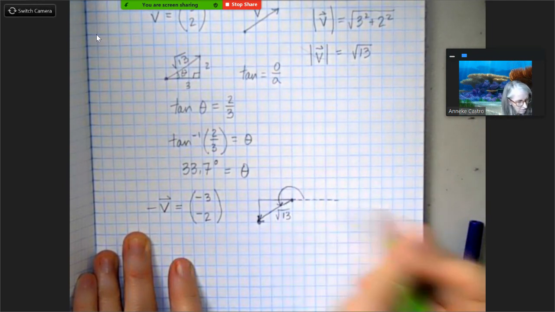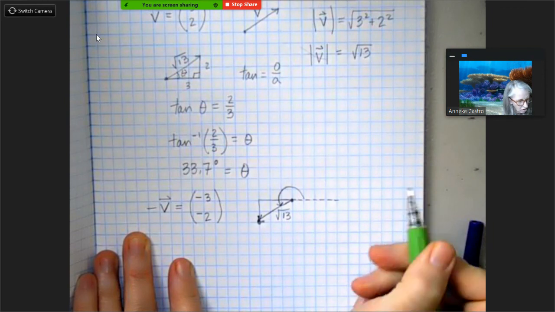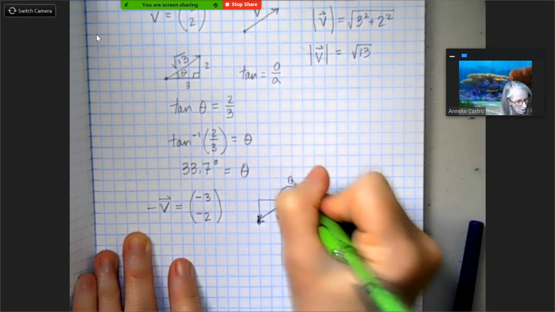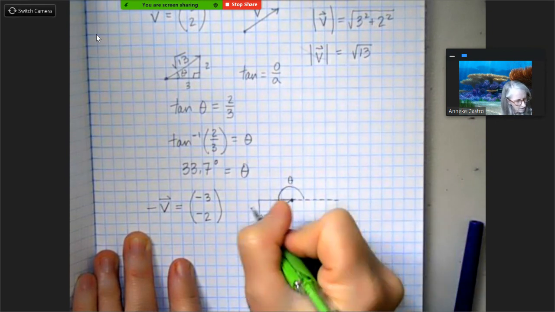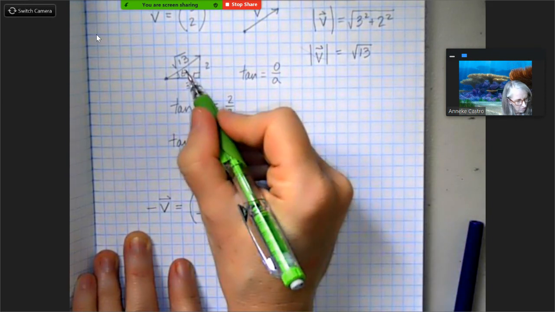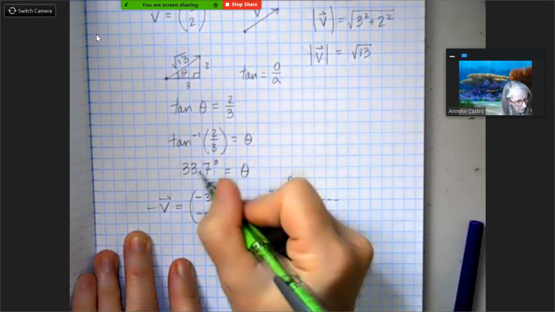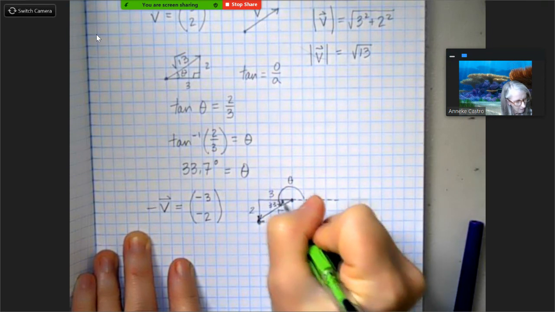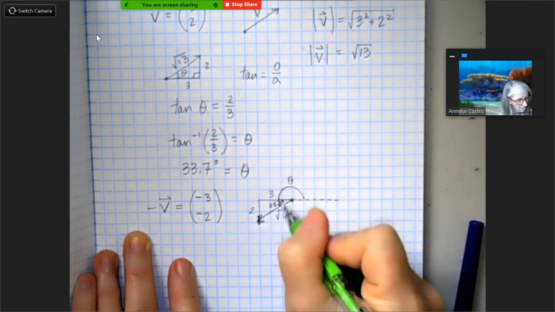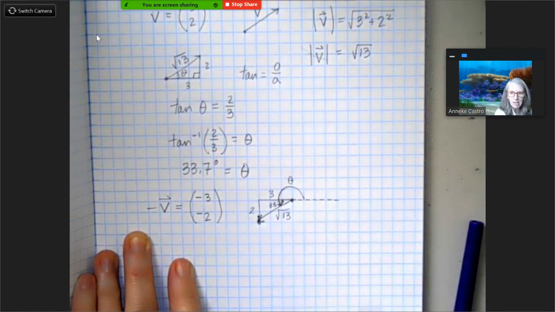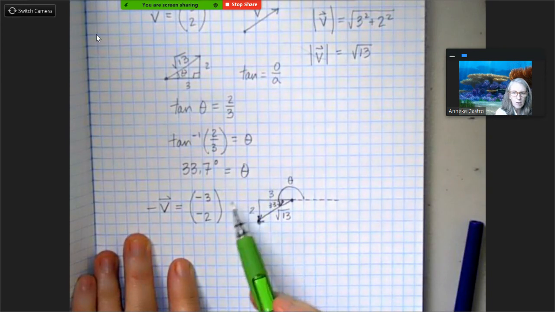So when we do magnitude and direction, this is going to be my theta. We just figured out that this is 2 and this is 3, so this angle is going to be 33.7 degrees right there. But I need all this. Notice this is 180 degrees plus that. So you got to be careful when your vector is outside of the first quadrant.